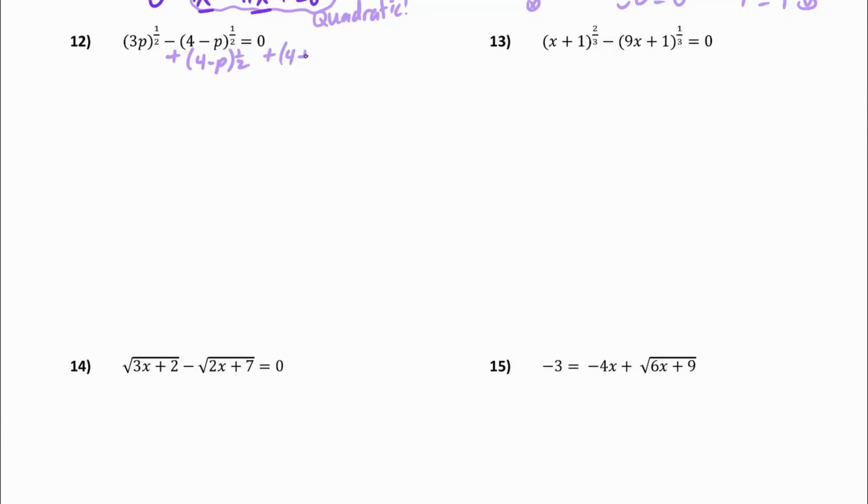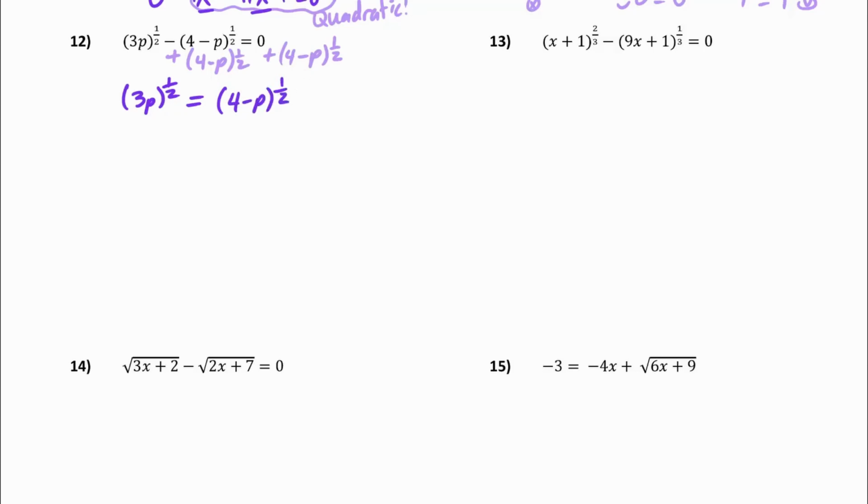I'm going to add 4 minus p to the 1/2 power. And so now my problem looks a little bit like this. I have 3p to the 1/2 equals, and then I have 0 plus that group, 4 minus p to the 1/2.